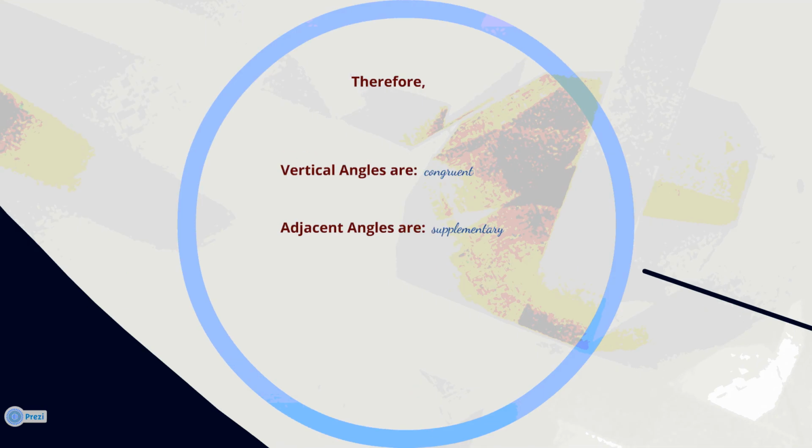So these examples show us that vertical angles are congruent and that adjacent angles are supplementary. But be careful with the adjacent angles conclusion, because remember, we've only looked at those where they form straight lines.